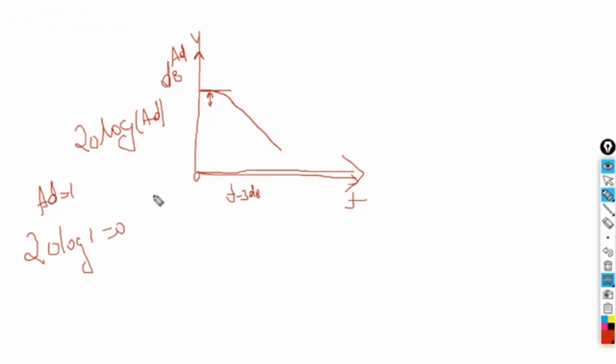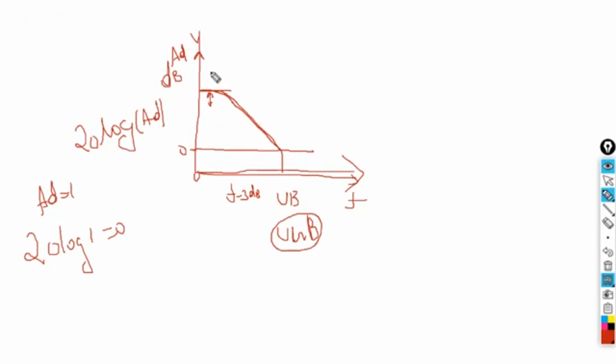That means when the gain is 0 dB, the curve will intersect the frequency axis at a particular point, and that point is called the unity gain bandwidth, UGB. Normally bandwidth is expressed in two ways; the first way is sometimes by UGB, unity gain bandwidth.